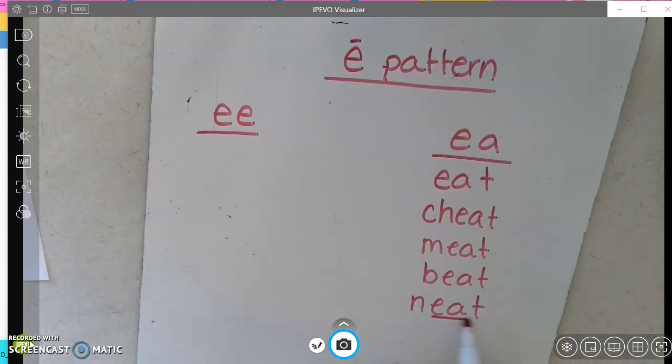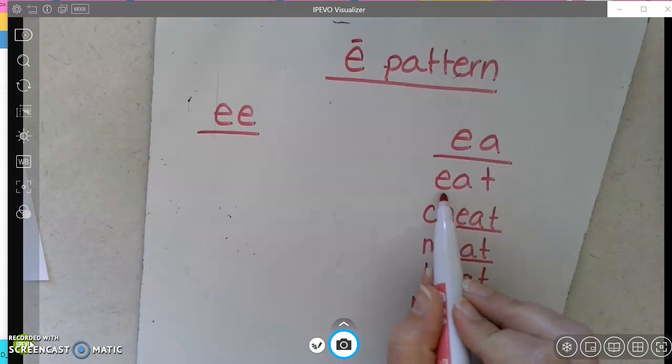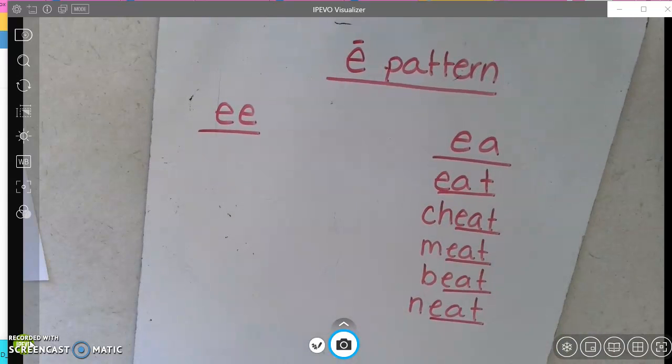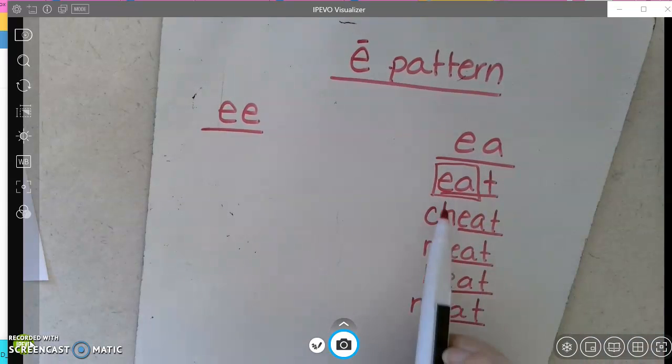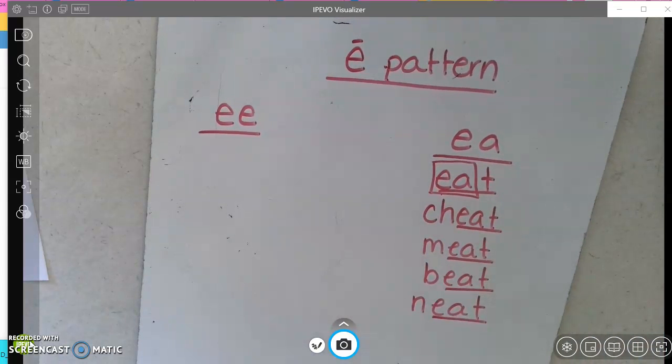Okay, they all have EAT at the end, so all of these words rhyme, and then they all have EA in them, so you can hear that long E sound. Eat, cheat, eat, beat, eat. Okay.